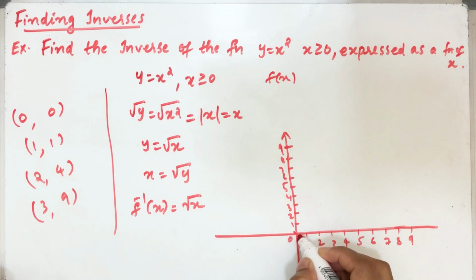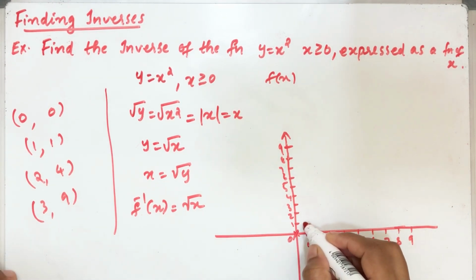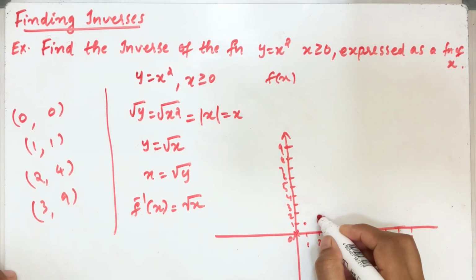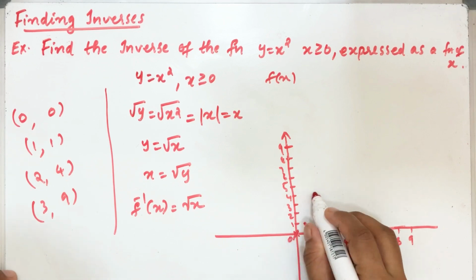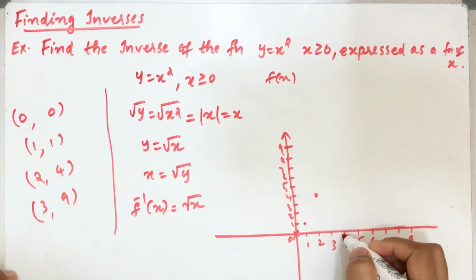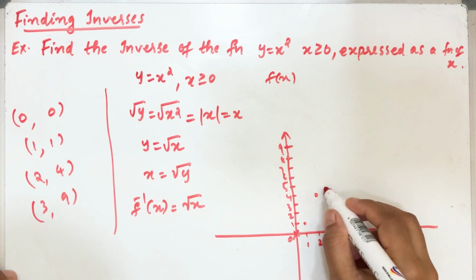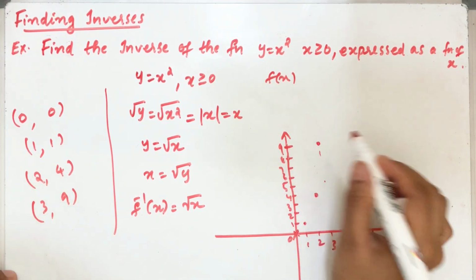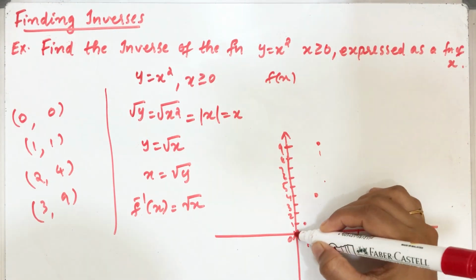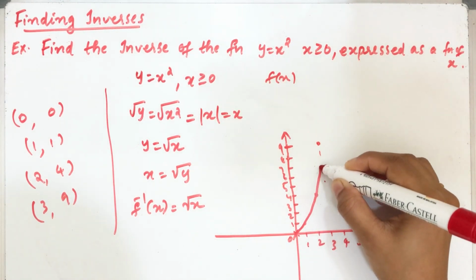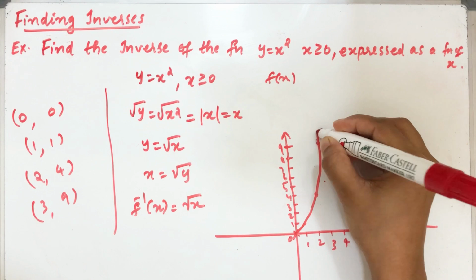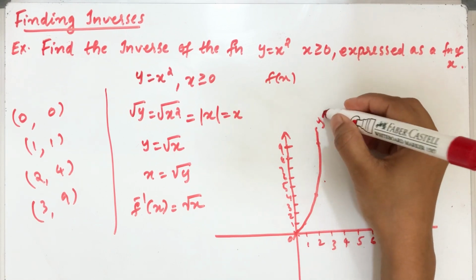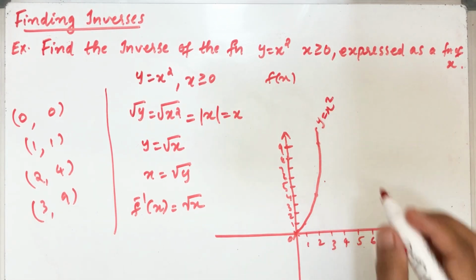So the points are 0, 0, 1, 1, 2, 4 and 3, 9. So this is the graph of y equal to x square. The positive x-axis will go like this. So this is y equal to x square, or this is f of x.